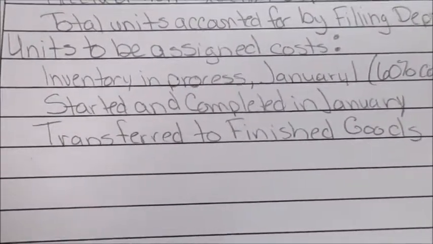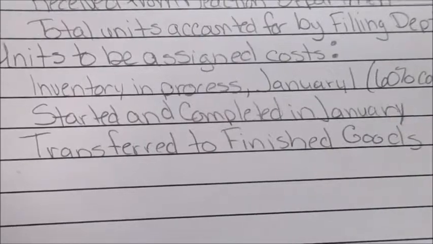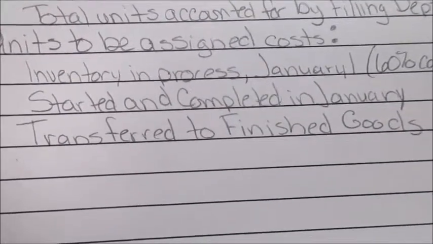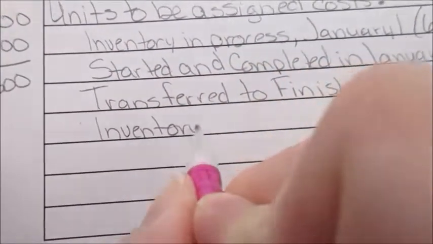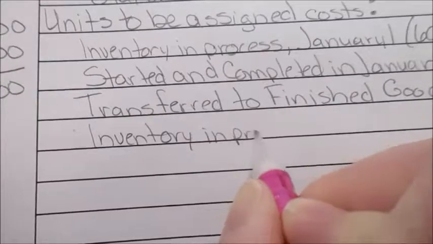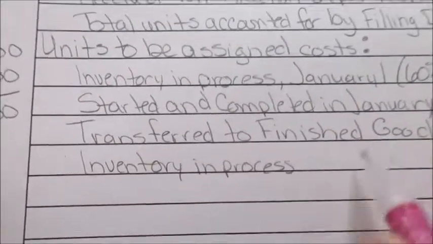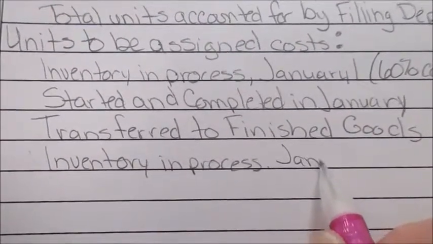Now we need to know, what have we started but not completed? Okay, what have we started to create but we haven't finished it yet? So our next line is going to say inventory in process on January 31st.